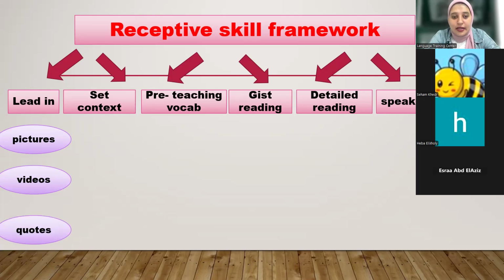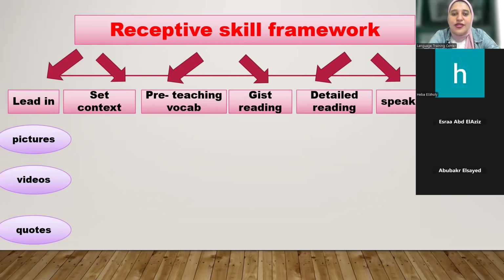Asking a question and raising a discussion. Okay, maybe through questions. Good job. What about using quotes, my friends? Yeah, it could be. That's very perfect.